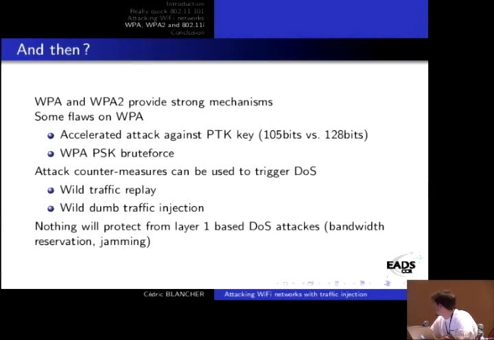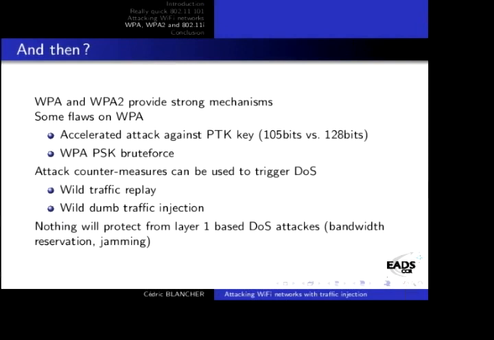And then you have this pre-shared key brute force. That's quite classical. Anytime you have some pre-shared key authentication, you will have people trying to brute force it. But if you have a WPA network with a pre-shared key, you have the authentication, and then the key calculation, so clients have different keys.